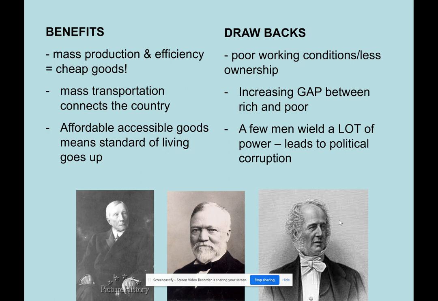So if you're in government, you need these really wealthy business leaders on your side. And what that's going to result in is the situation where business and government are sort of in bed together, right? They have this symbiotic relationship, and there's a lot of corruption that comes out of that. There are other drawbacks we can talk about too, pollution and stuff like that. But these are some of the basic benefits and drawbacks of the transition.